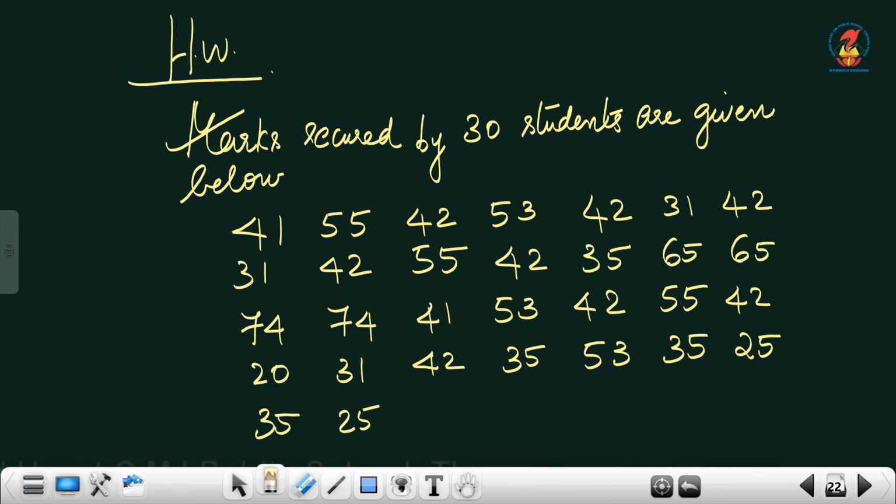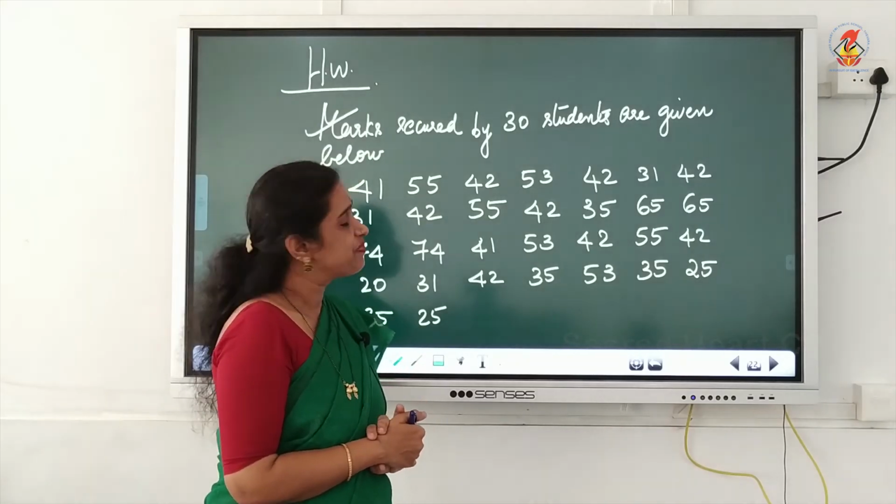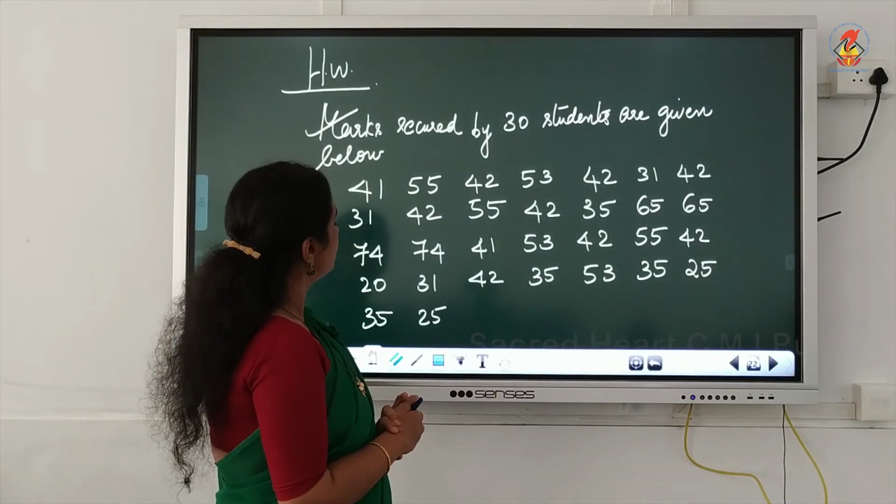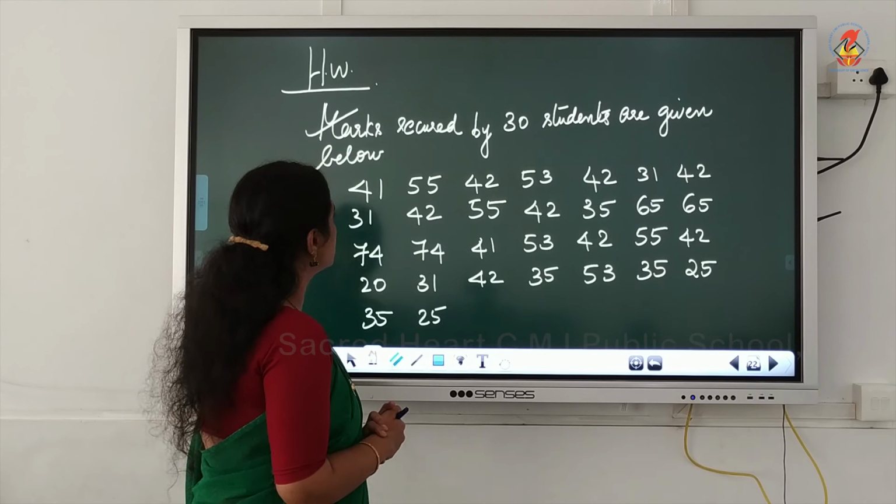You can find 41 is repeated so many times, 55 is repeated so many times. So this is a marks data regarding the marks secured by 30 students in a class. It can be marks in English or economics or whatever you want, you can write. Just have a look. 30 students, marks of 30 students is given here.